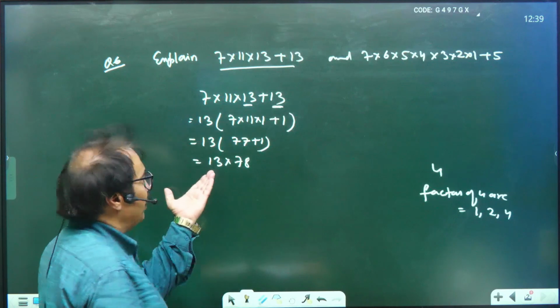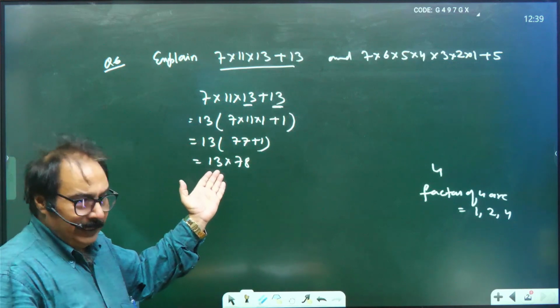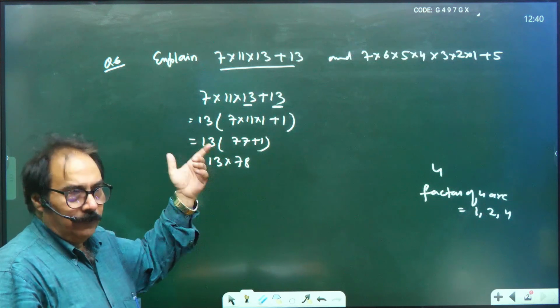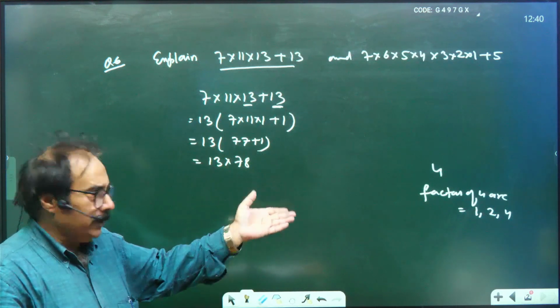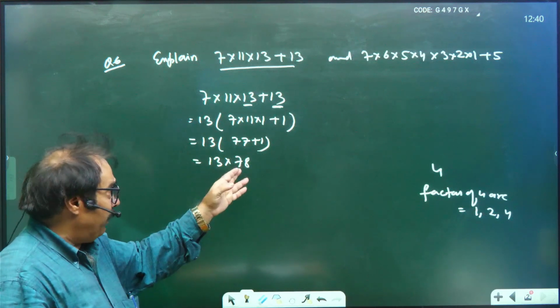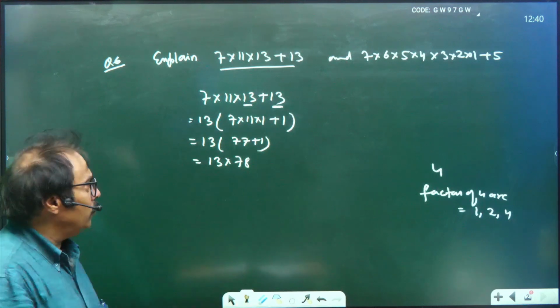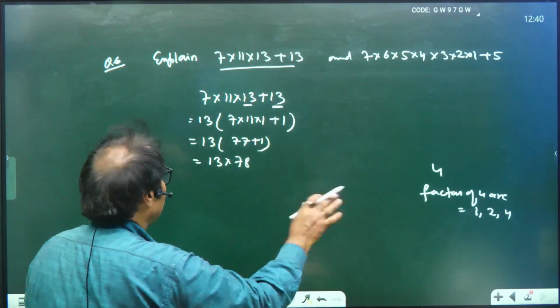So two factors we are already getting. One factor is 13, another factor is 78, the third factor will be 1, and the fourth factor will be their product, or the factors of 78, which we can write as 2 into 3 into 13. There is no need to show all these terms.